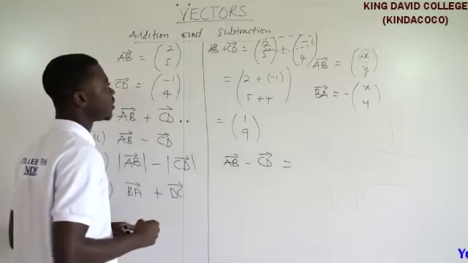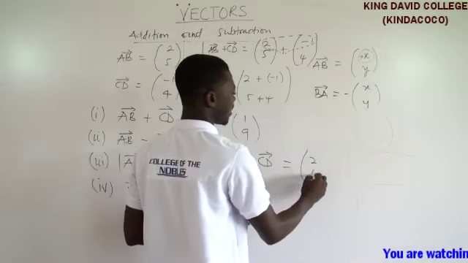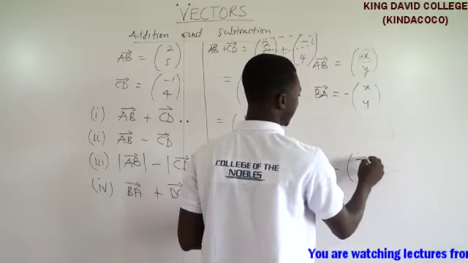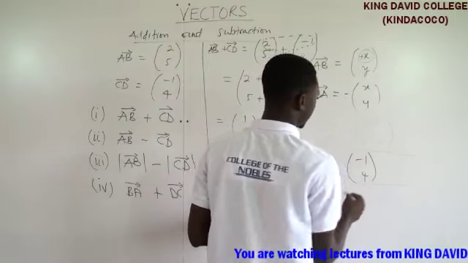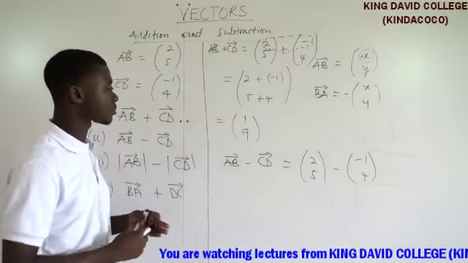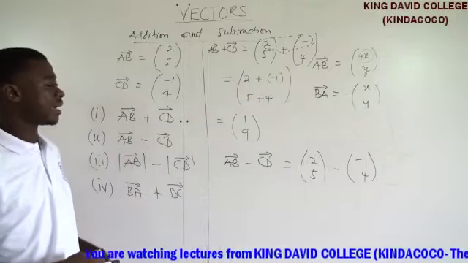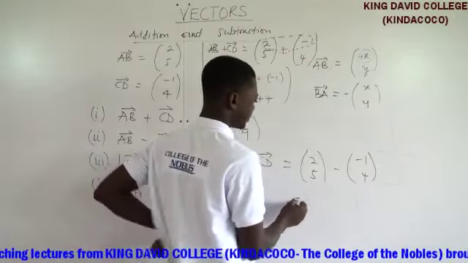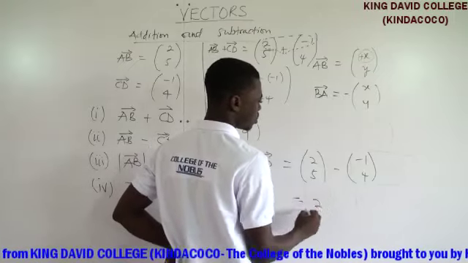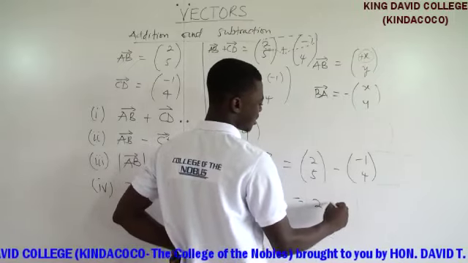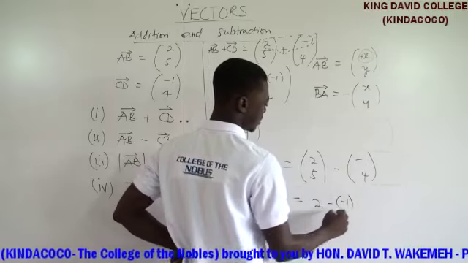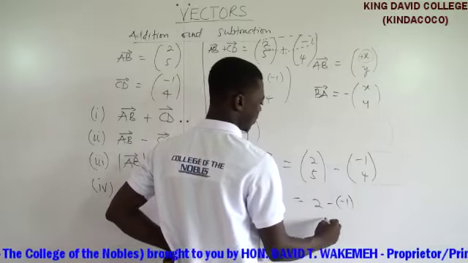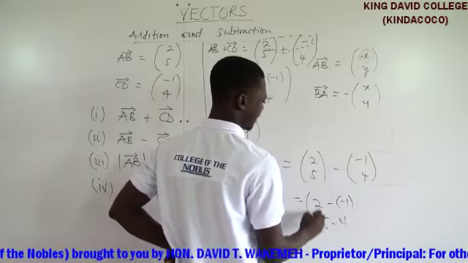We know our AB to be (2, 5) and CD to be (-1, 4). Just like we did the addition, the resultant is going to be 2 minus minus 1, and then 5 minus 4.